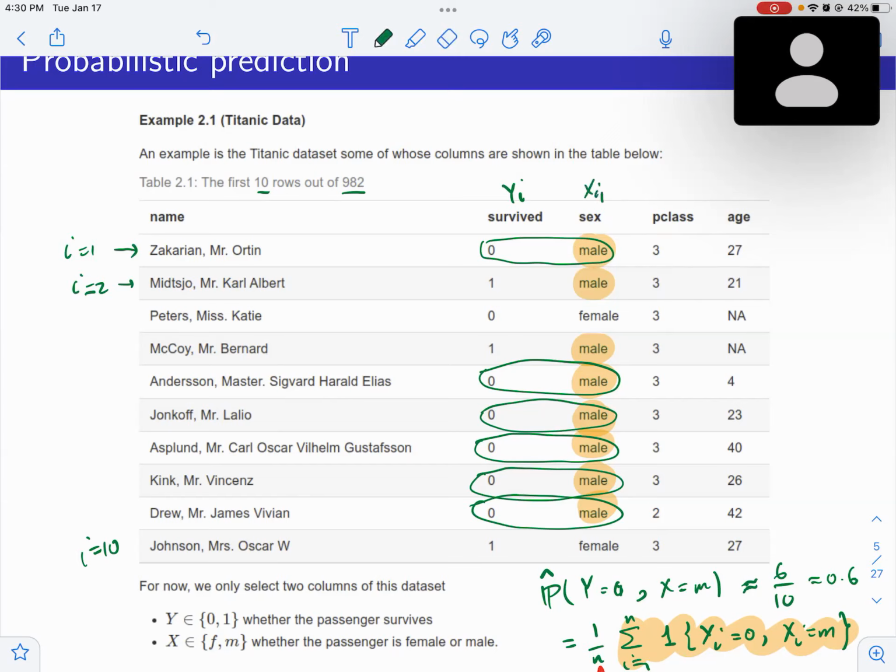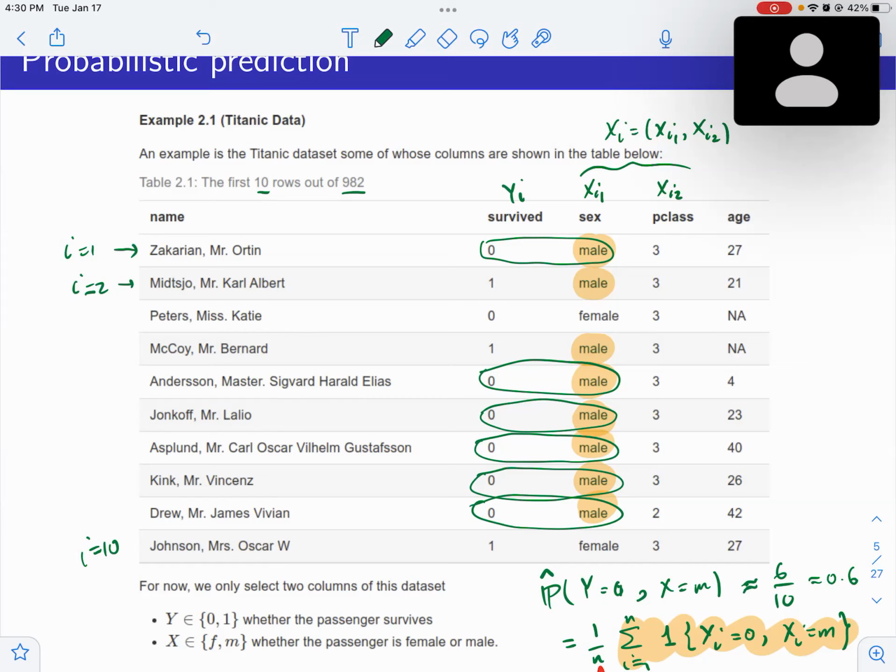I can call this xi1, this xi2, and the entire thing would be xi. It has two coordinates, but nothing changes. So this xi is a discrete variable. How many levels does it take?